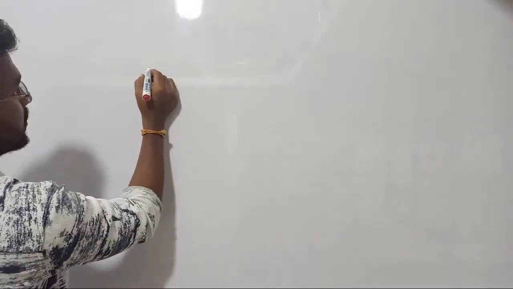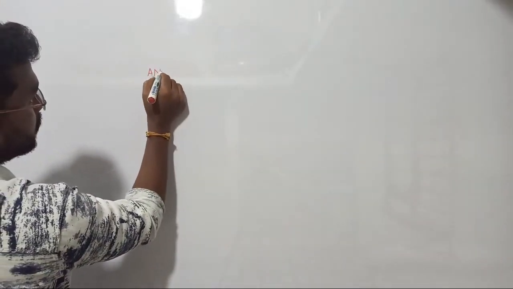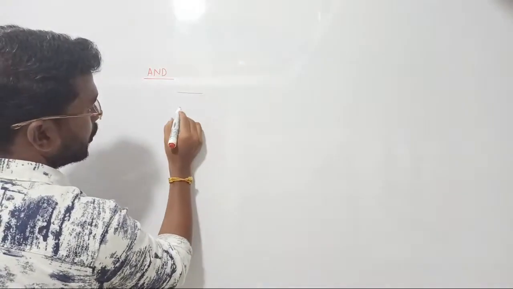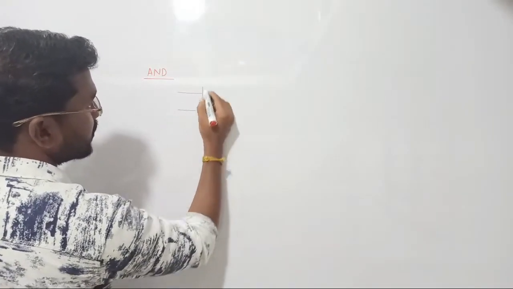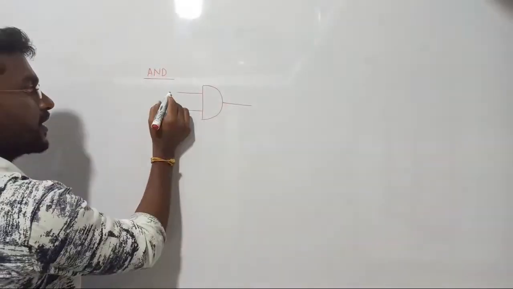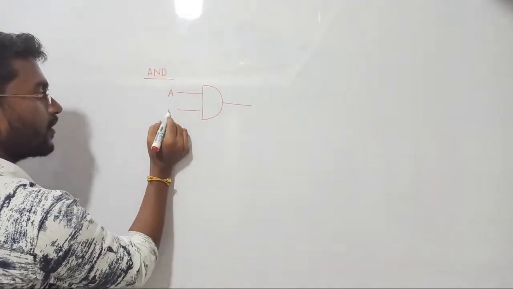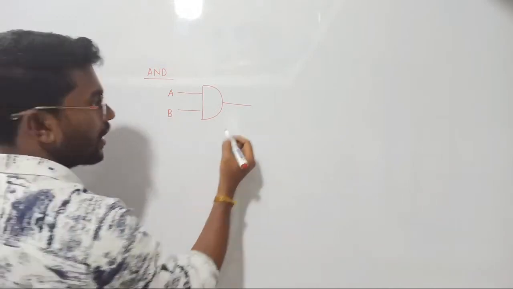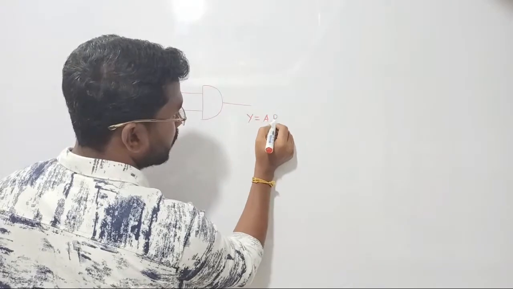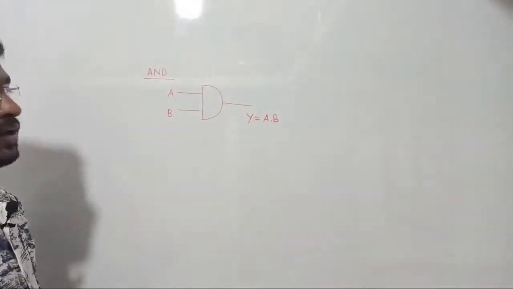It's our wish. Let's take the AND gate. How do we represent the universal representation of this AND gate? This is the representation. If I pass two variables through this, the output is going to be the product of the inputs. So a dot b is going to be the output of the AND gate.